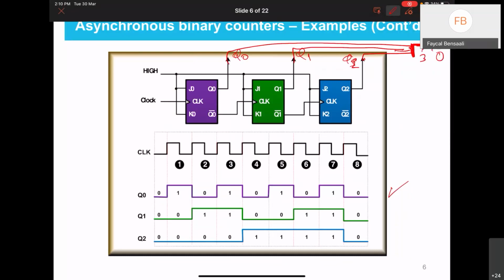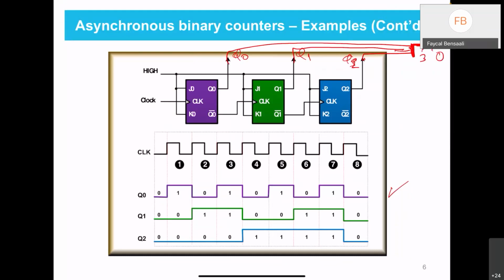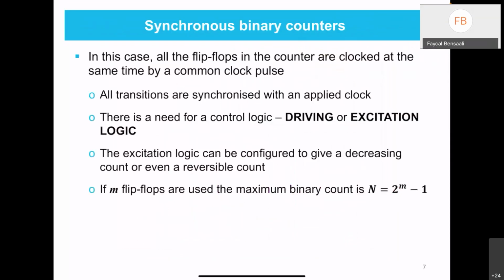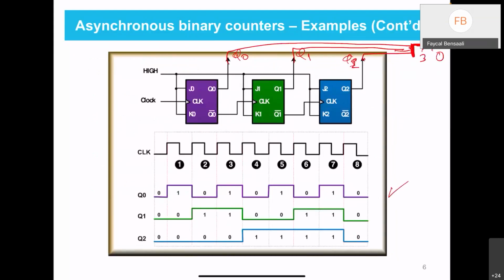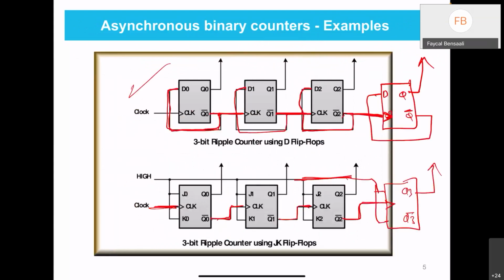I think we did this in the tutorial, so there is no need to repeat it. That's it. This is for the asynchronous counter. If I want to use D flip-flops, I can use this circuit. If I want to use JK flip-flops, I can use this circuit. And again, do you remember, this is the clock divider. So we have clock dividers connected together, and this will form a counter as well.